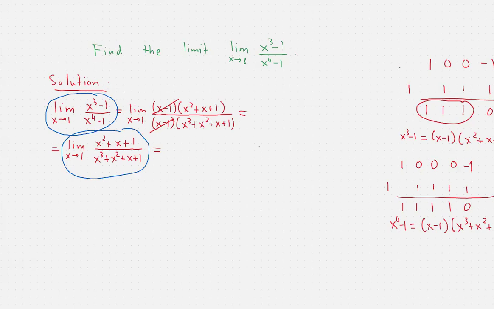That doesn't make much sense. But for the second one, after the nice simplification, now we get a very pleasant number, 3/4. And that's the limit. And also notice how we carried the notation limit with us all the way till we were able to plug in and find the limit.